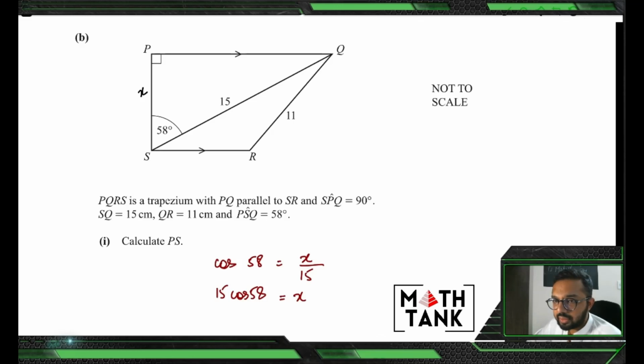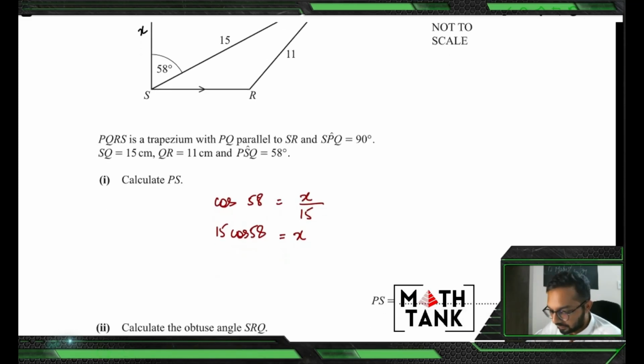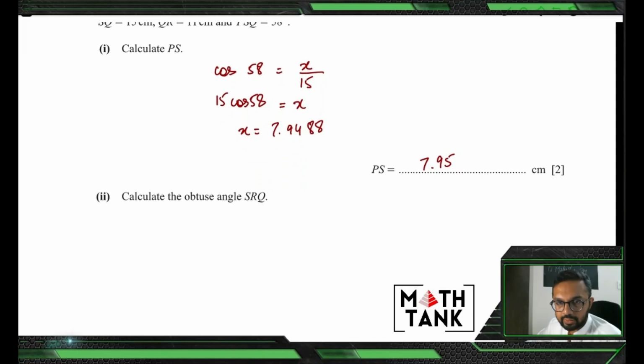What the examiner generally writes in the examiner report is that if you're doing an intermediate calculation, that's not the final answer, you should write 4 significant figures instead of 3, so that when it gets rounded off, it gets rounded off correctly to 3 significant figures. So this gives me 7.9488, rounded off to 3 significant figures would give me 7.95. So that's my first answer.